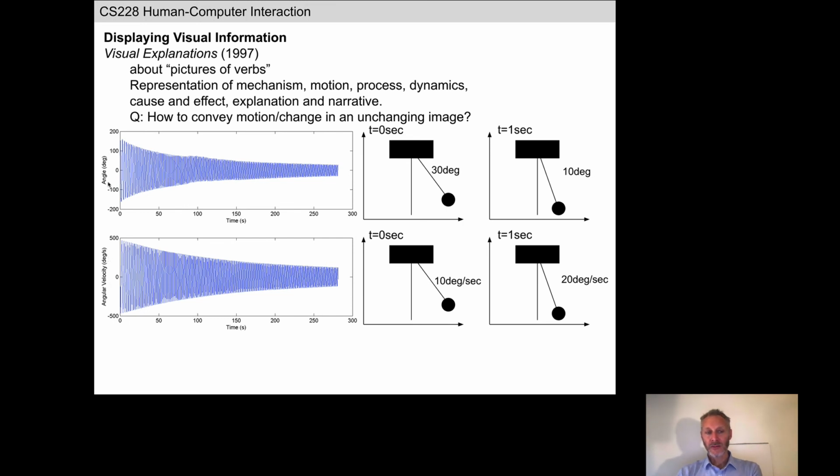The upper panel is showing change in angle over this 5-minute period. And immediately, or hopefully, you can extract a little bit more detail about the behavior of this pendulum from this picture than from the video you just saw. What is some of that additional detail about this pendulum that you can extract from this visualization?